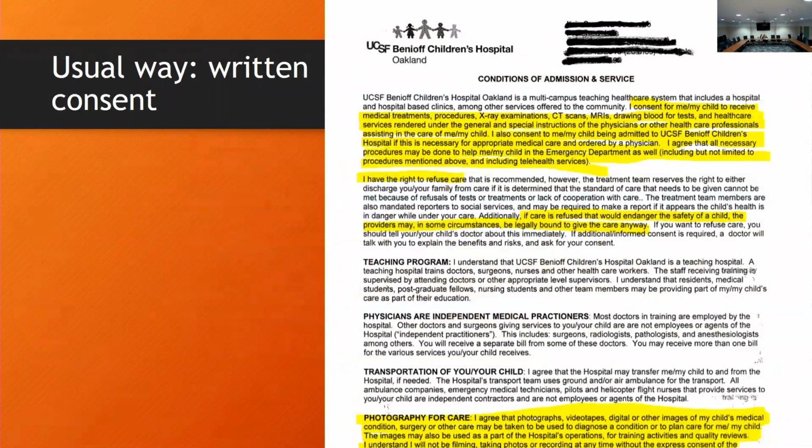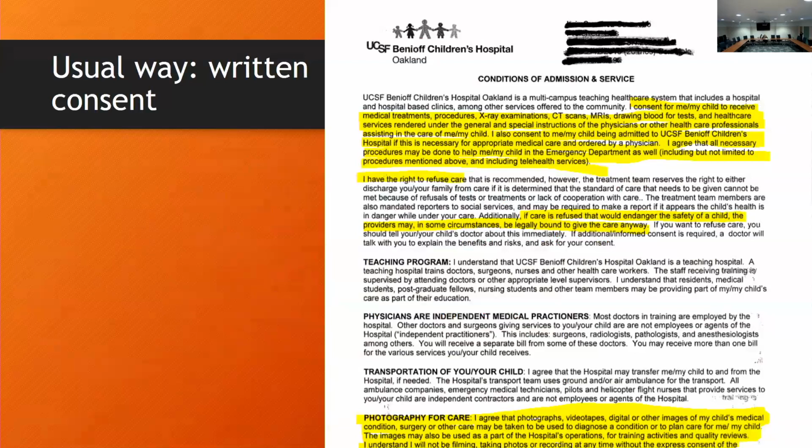It looks like I have Parkinson's trying to use the yellow marker. But it basically says, I consent for my child to have these procedures: x-rays, CT scans, MRIs, blood draws, healthcare services rendered under the general and special instructions of physicians.